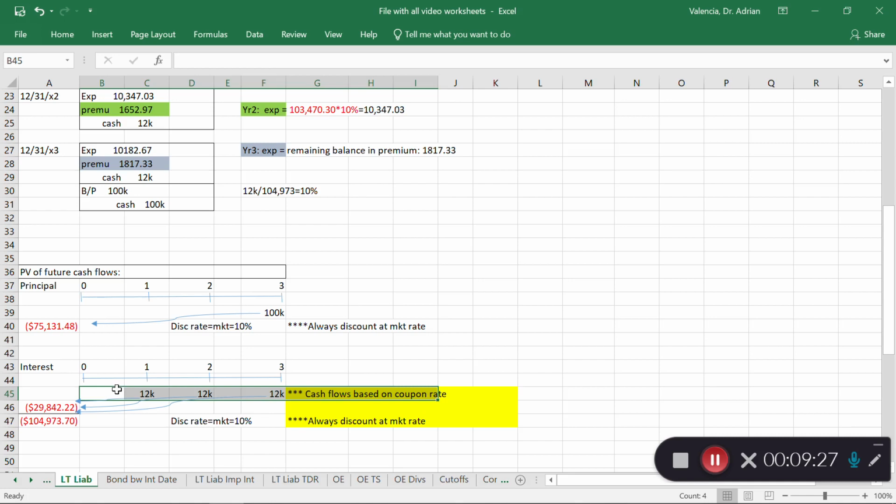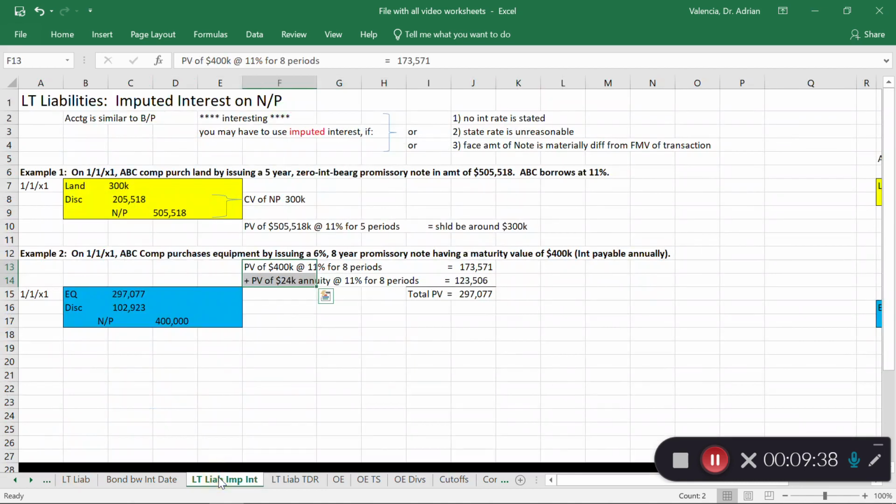But then we always discount at the market or the real rate. So in this context, this 24,000 is based on what we stated. We're going to pay 24,000 every year, but the discounting itself occurs at the market rate, the real rate that we normally borrow at.